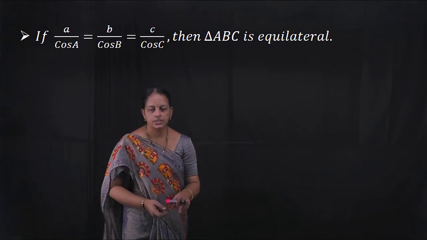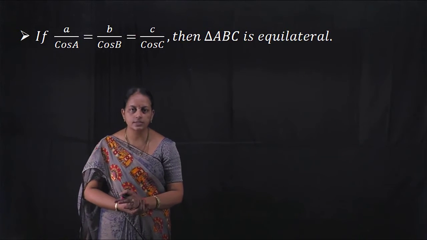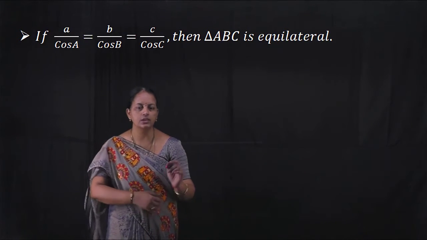Next question is, if A by cos A equal to B by cos B equal to C by cos C, then triangle ABC is equilateral.